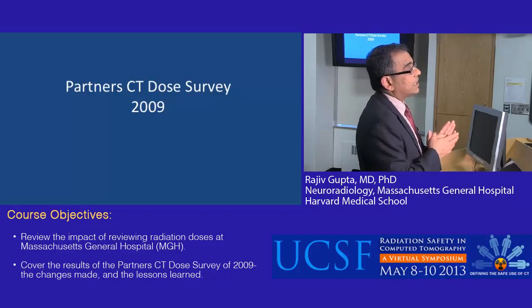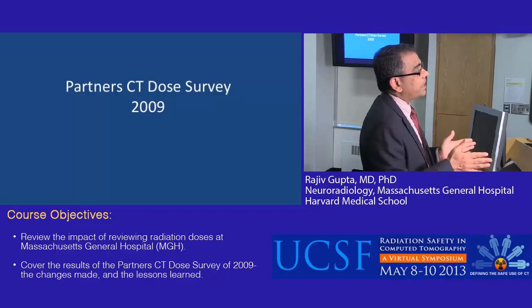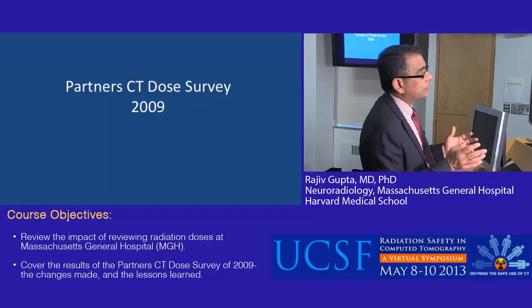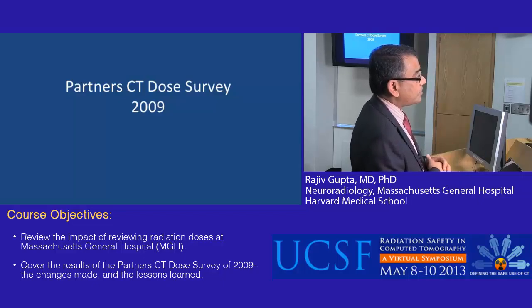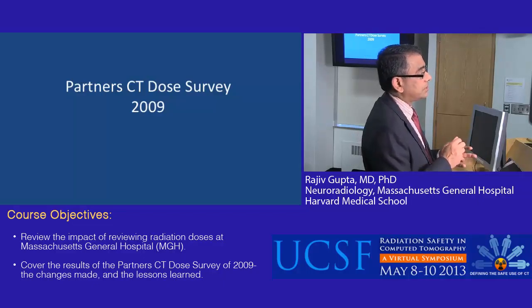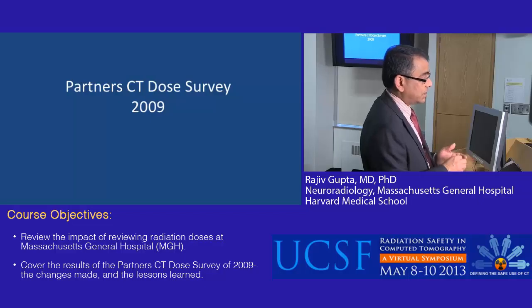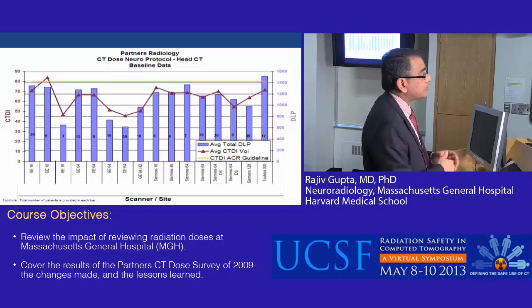We examined consecutive patients and tabulated their dose across a host of CPT codes, on different scanners in different institutions and for different indications. And here are some of the results of that.